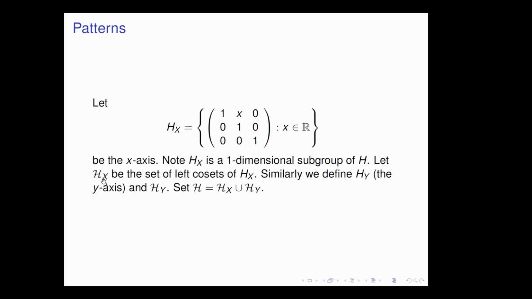So this is the set of left cosets of HX. Similarly, we can consider the y-axis, which is also a one-dimensional subgroup, and their left cosets. And this H is the union of HX and HY. So you can see all the cosets of the x-axis and the cosets of the y-axis. So that's the pattern that we're interested in.